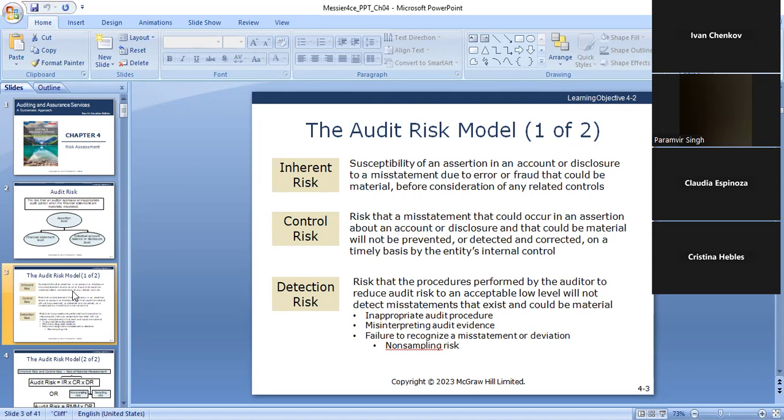That will be related to inappropriate audit procedures, misinterpretation of the audit evidence, and failure to recognize a misstatement or deviation. So those are the risks that may happen during the audit. The auditor may actually fail and can fail to detect those misstatements.